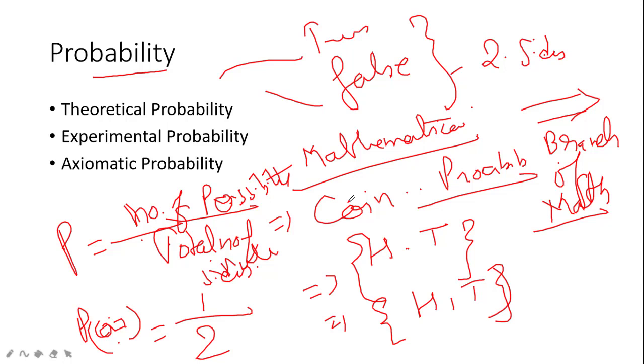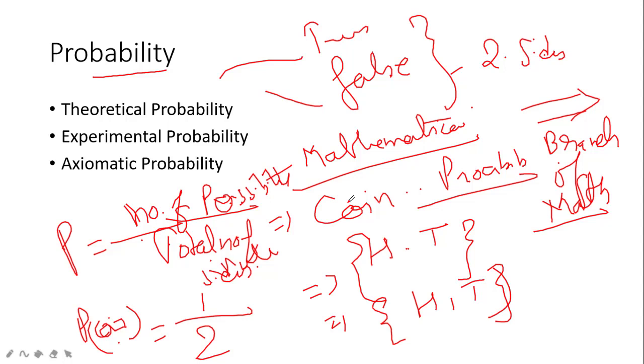One will win always, not both. So the number of possibilities is only 1, either head or tail, but the total number is 2. That's why the probability of a coin is 1 by 2.